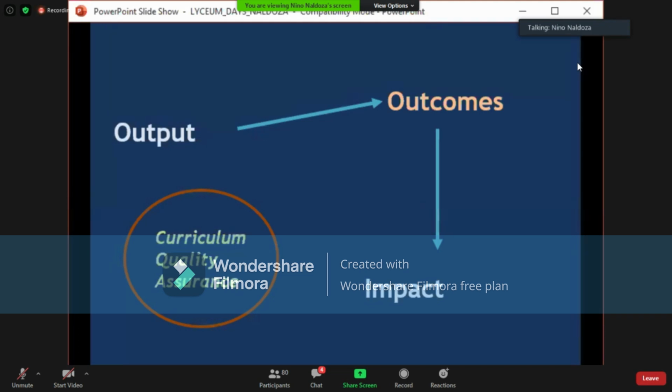wherein, if you will recall the idea of outcomes-based education, we heavily rely on the skill. Outcomes-based education heavily relies on the skills and competencies set by the program that the student must accomplish and must fully engage.